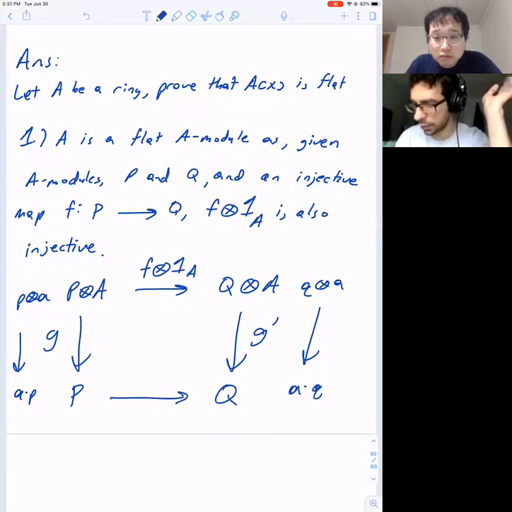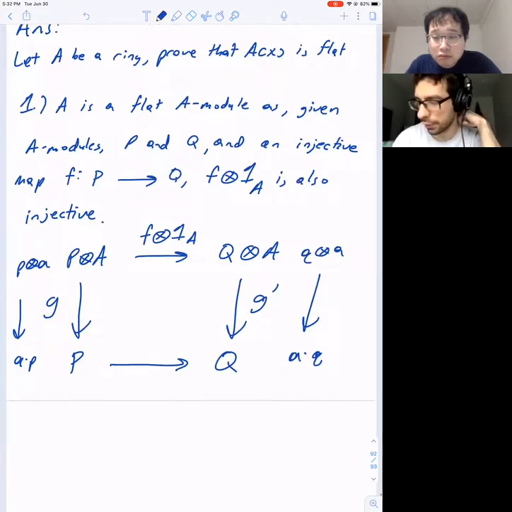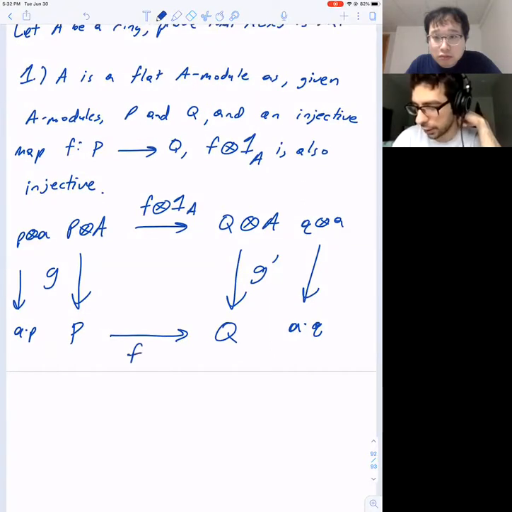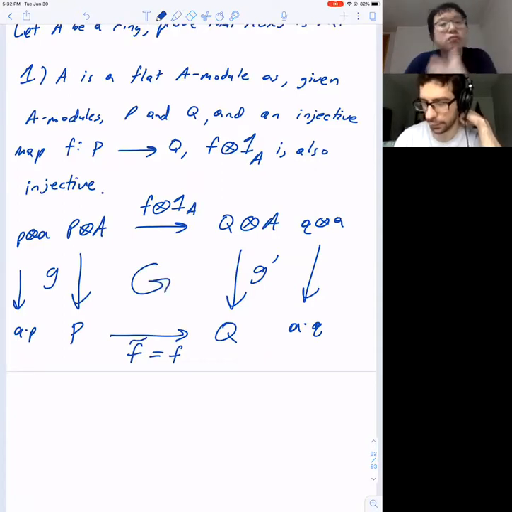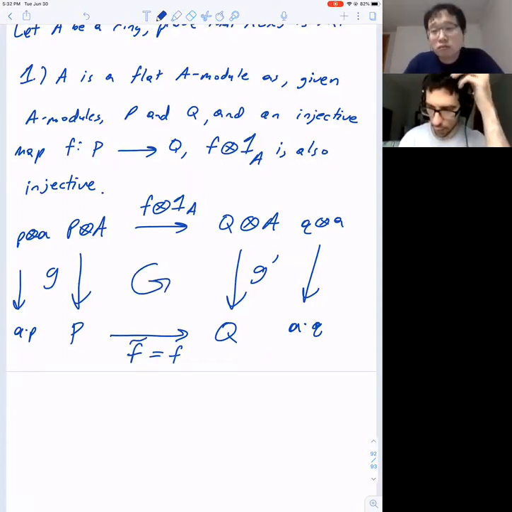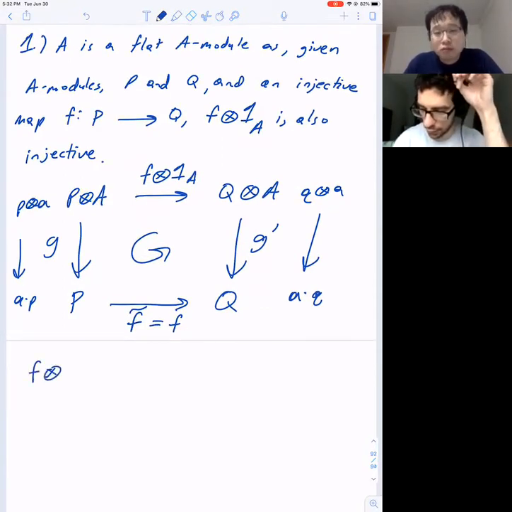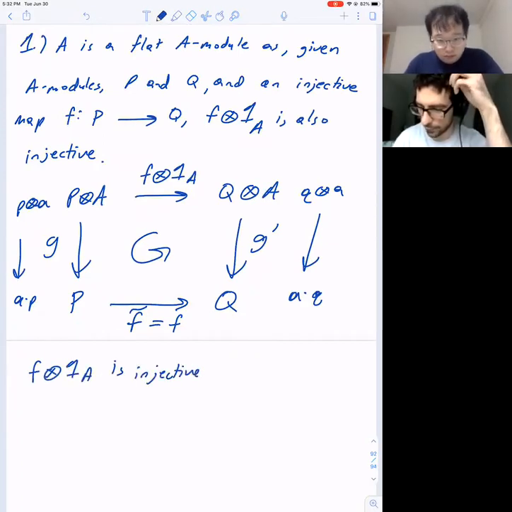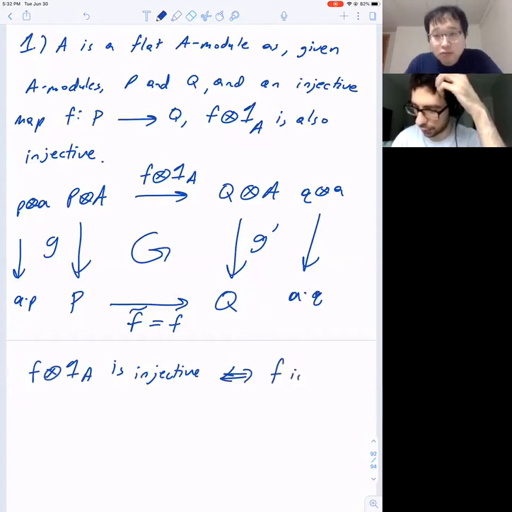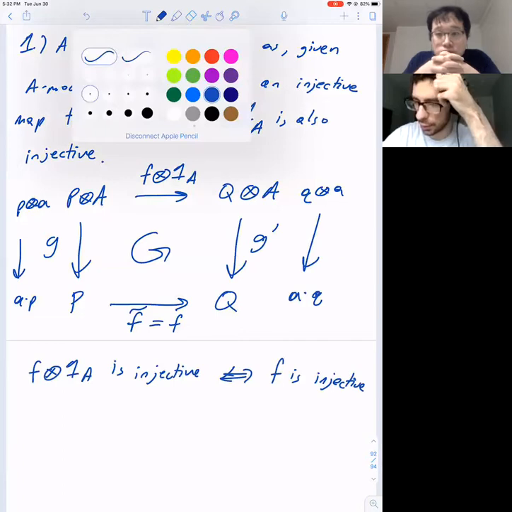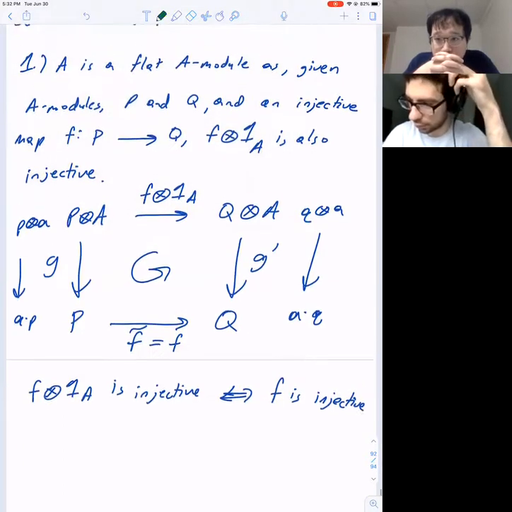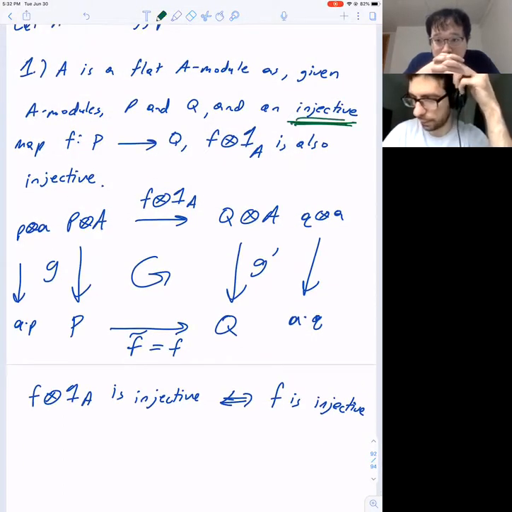So using the same method we did in question number 4, there is a commutative diagram, but actually F twiddle in this case is actually just F. And so in this case, F tensor 1A is injective if and only if F is injective. But we already said it was injective here.